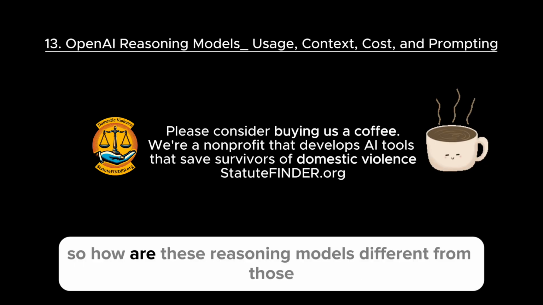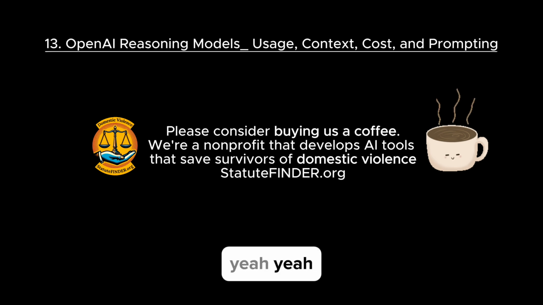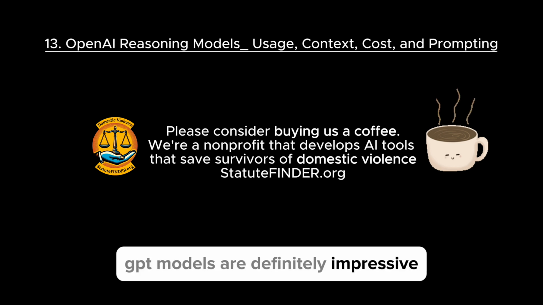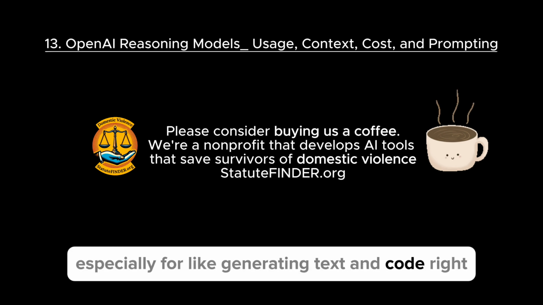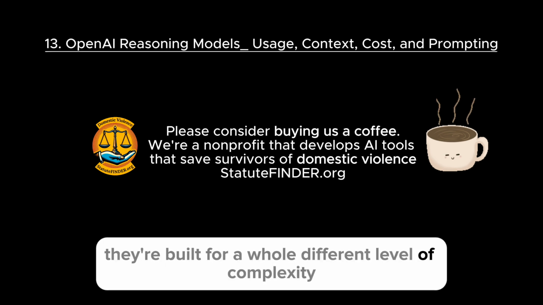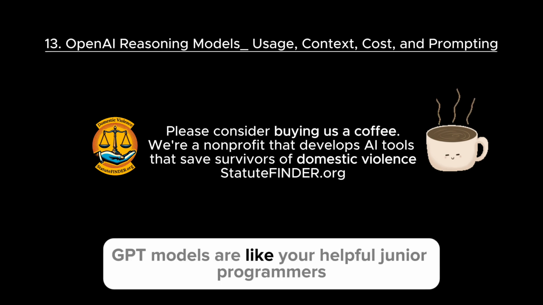So how are these reasoning models different from those GPT models that everyone's been buzzing about? I've played around with those a bit, and they seem pretty smart too. GPT models are definitely impressive, especially for generating text and code. But these reasoning models are built for a whole different level of complexity. So imagine GPT models are like your helpful junior programmers.